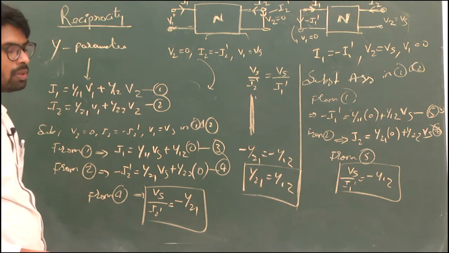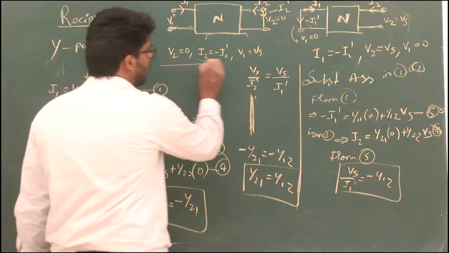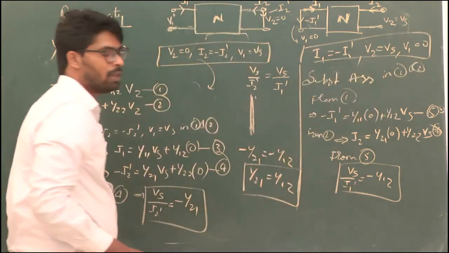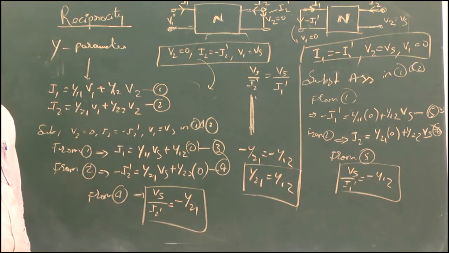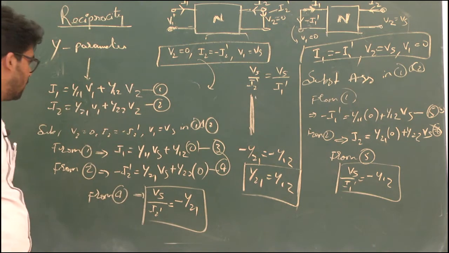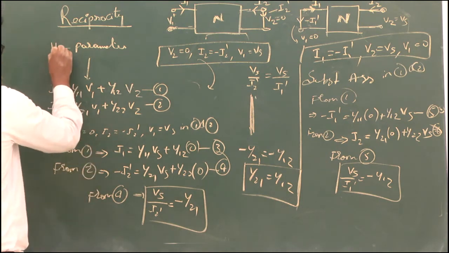Whatever parameters you take, the same story runs. The main thing is you need to keep in mind the assumptions. What are the assumptions we are making? What is the experiment you are doing? What does reciprocity mean? What does the equation mean? The reciprocity definition is located inside these equations. So we'll go to the h parameters.